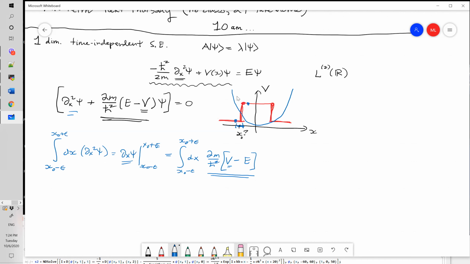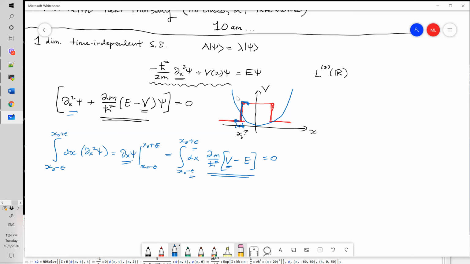If there is a jump, that doesn't change the integration. Even if this has a jump, if we integrate across this discontinuity, then as we make epsilon smaller and smaller, the region of integration gets smaller and smaller, and so this should approach 0, even if there's any kind of discontinuity in the potential.